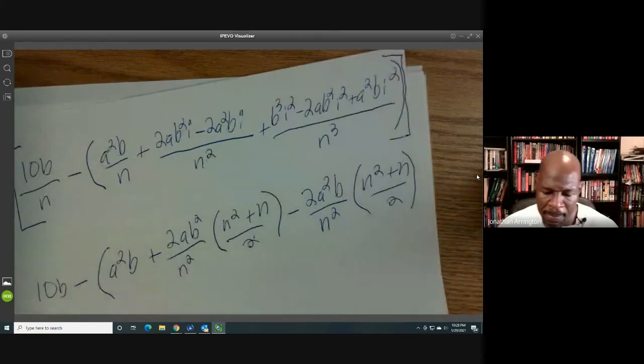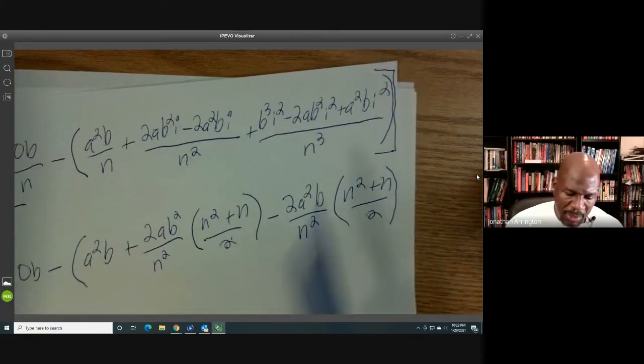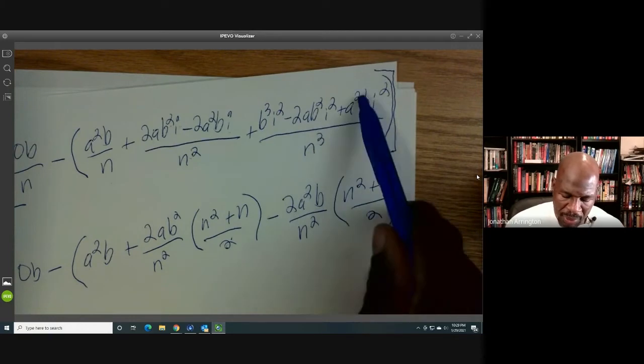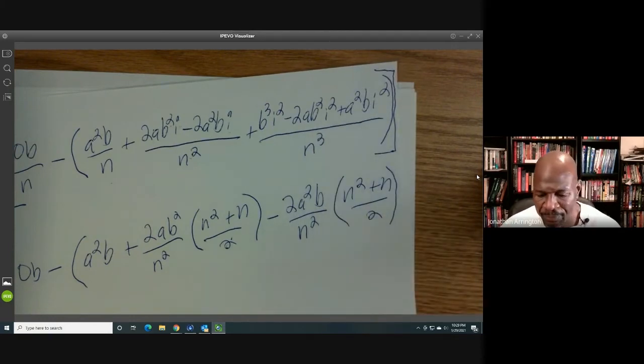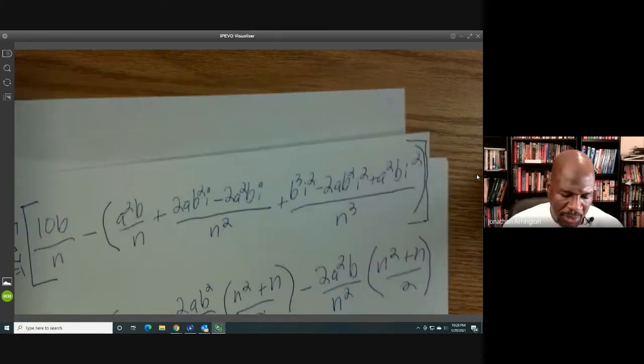Plus, and so again, I'm going to break these up into 3 different fractions. And I'll look at the first one, and then you'll be able to figure out what the others are going to turn into.